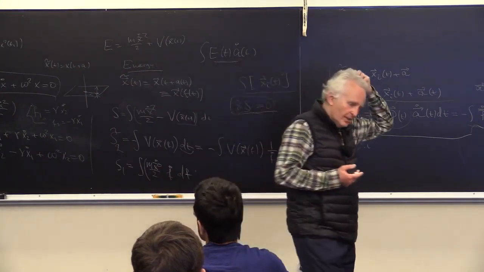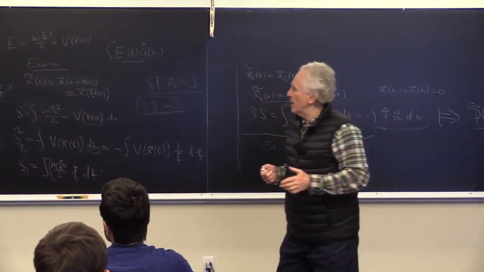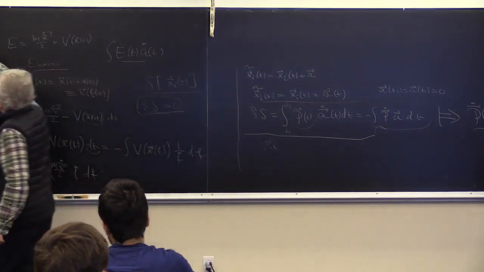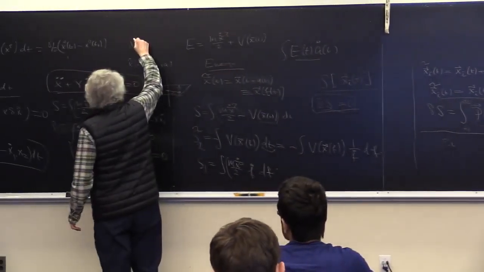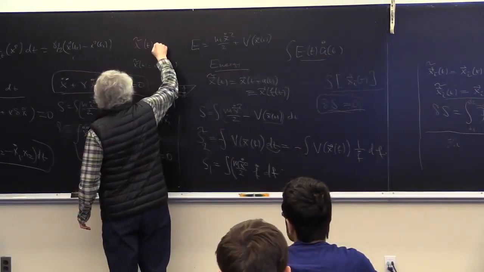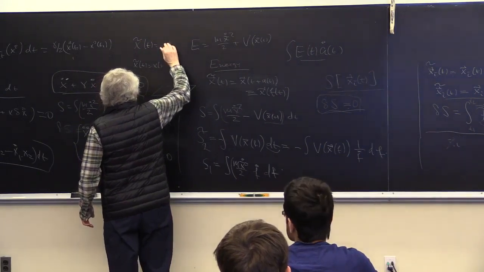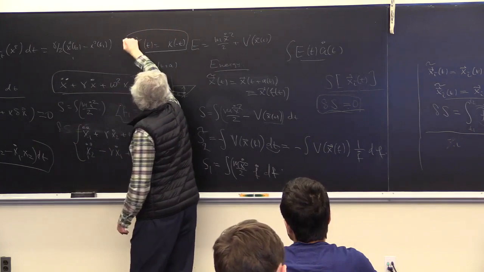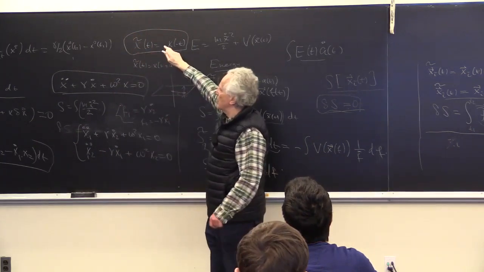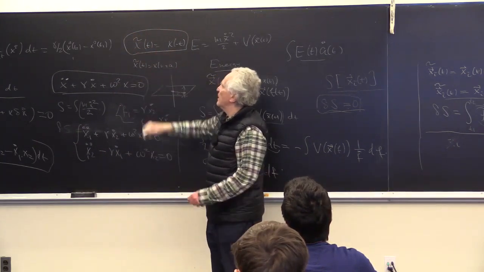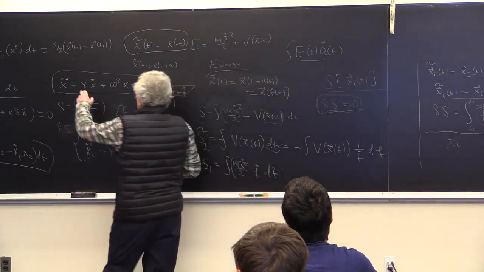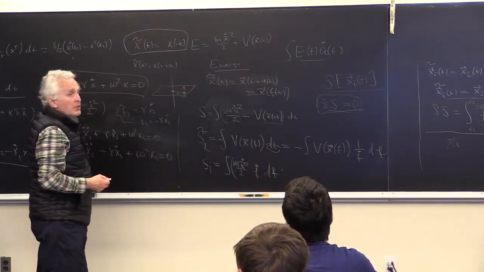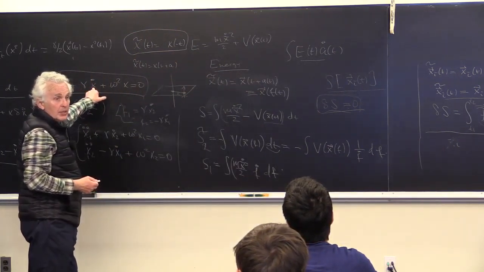Physically, it's obvious. So we take x of t to be x of minus t. That's our attempt at generating the new solution. And you immediately see that this term doesn't change sign, while this does change sign.